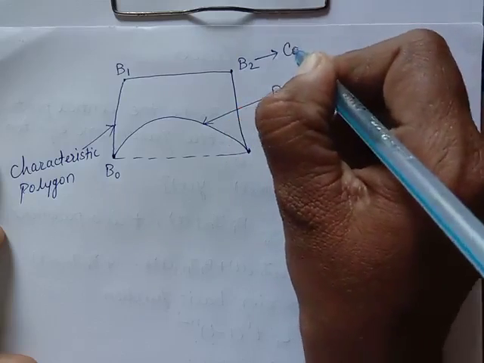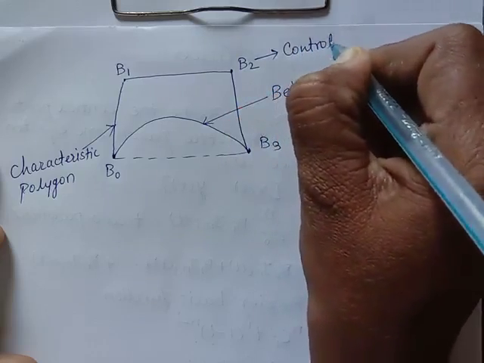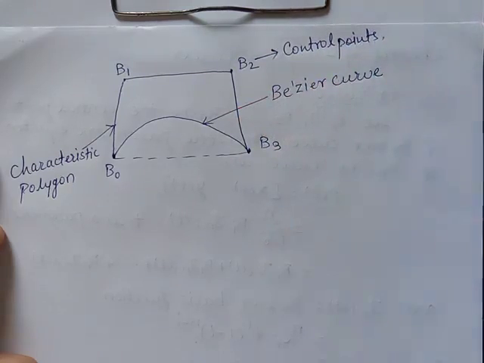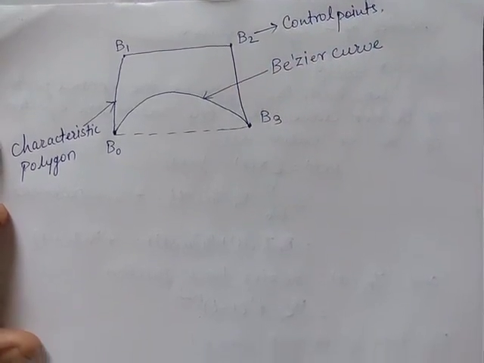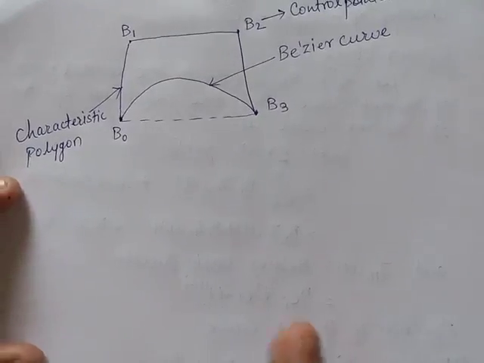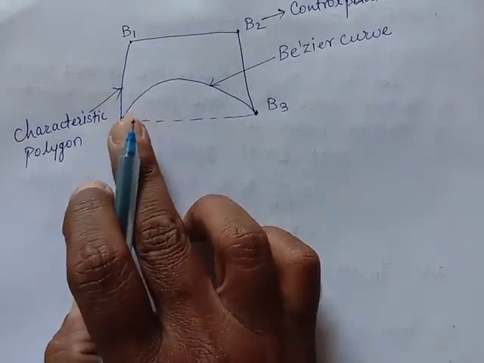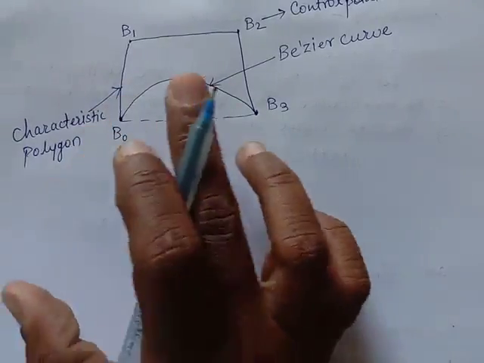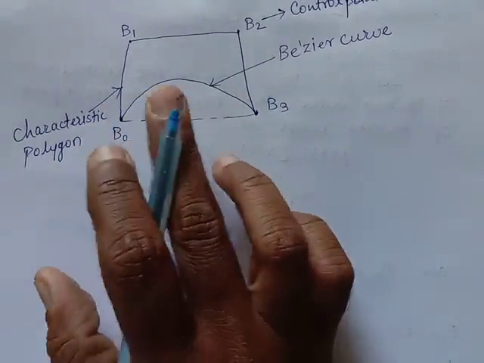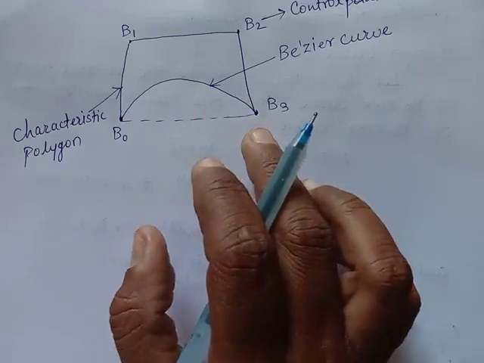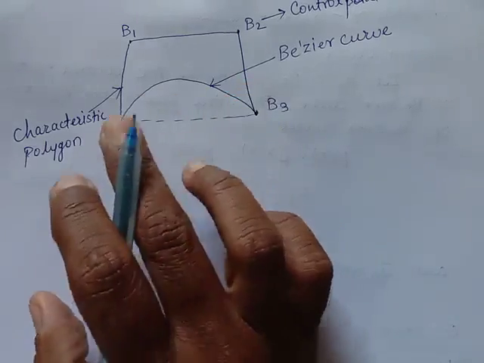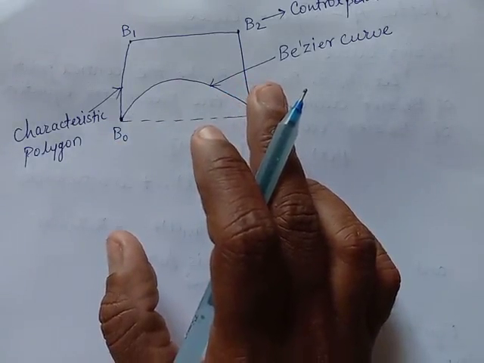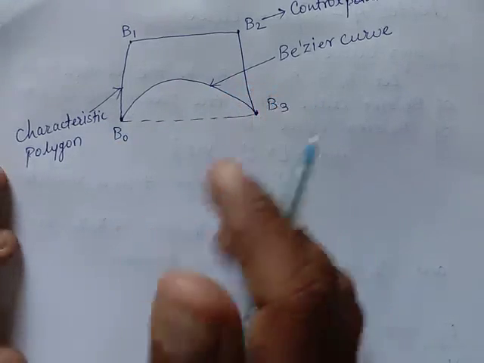Now, what can we say here? Bezier curve basically lies within the characteristic polygon, and control points give direction to the Bezier curve. They decide where the Bezier curve occurs. From that, let's see some of the properties of Bezier curve first.